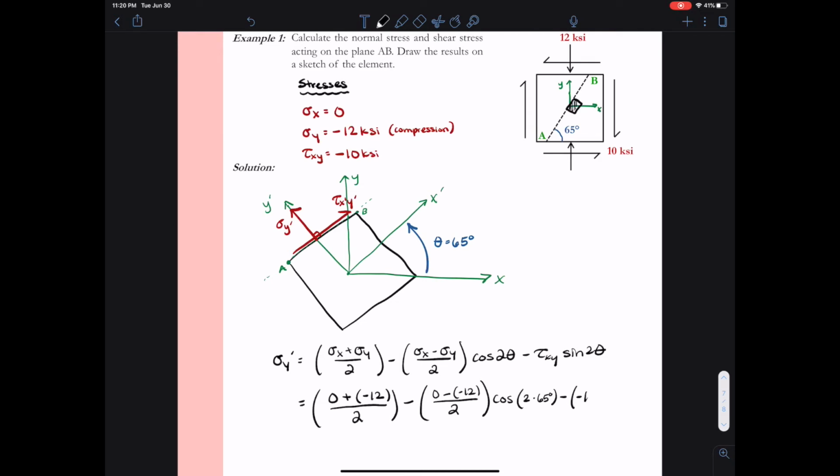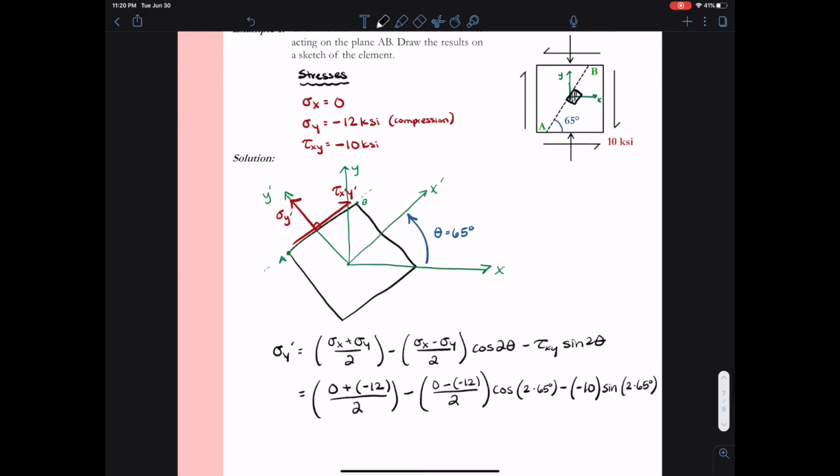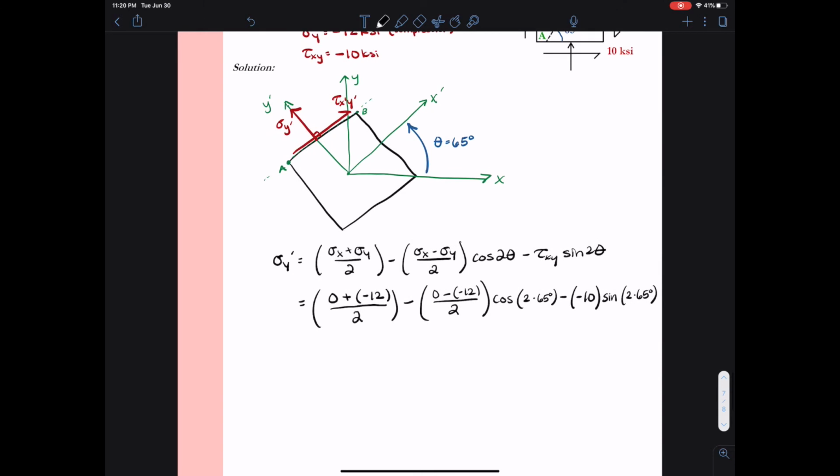So I know it's just algebra. I don't want to worry you too much. It's just going to be algebra, but make sure that you're plugging in the signs from the stresses that we identified in the first step to solving this problem. So I'll go ahead and write this out so that you can make sure, and I would encourage you to go ahead and do this math yourself as well. Make sure you're understanding where these different numbers come from.